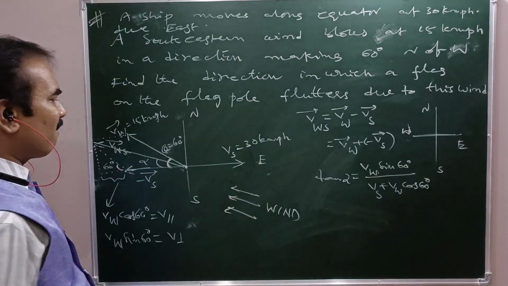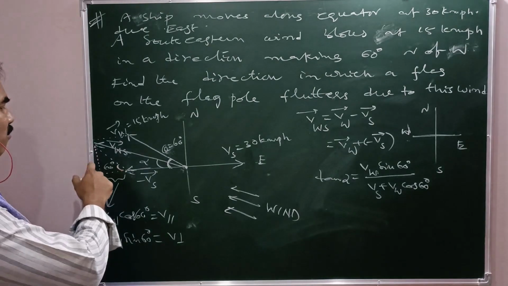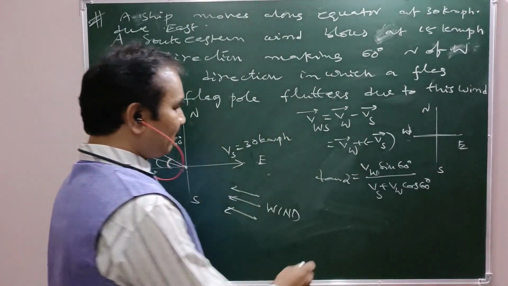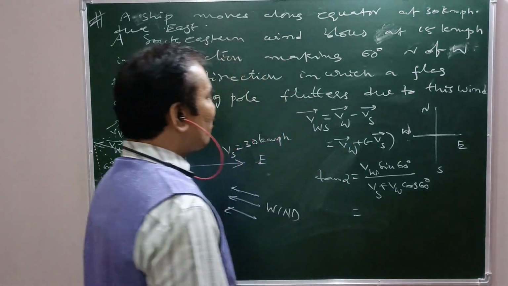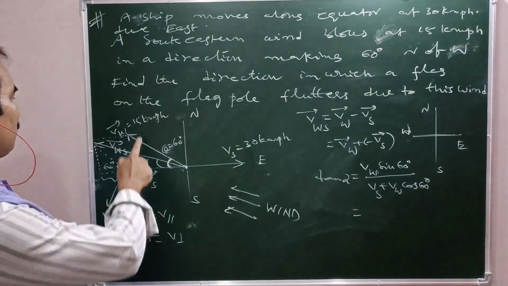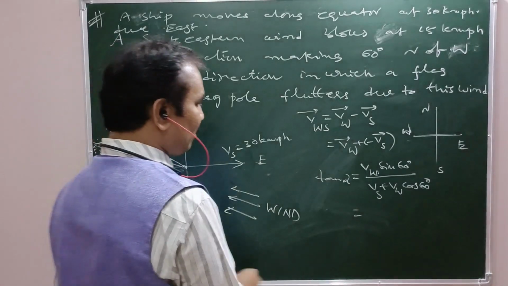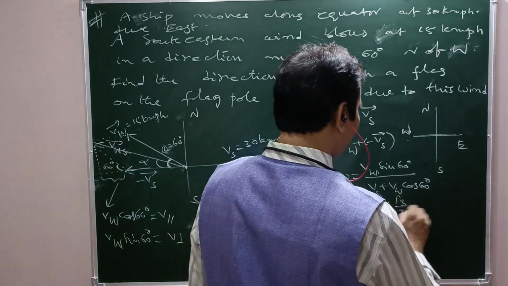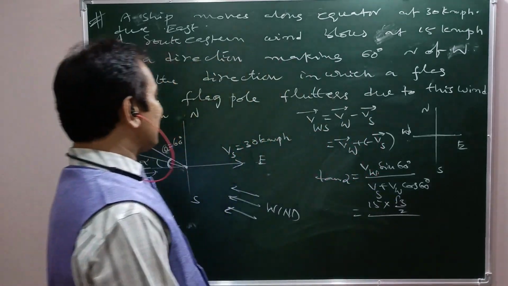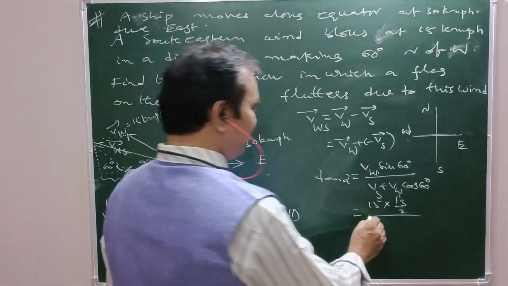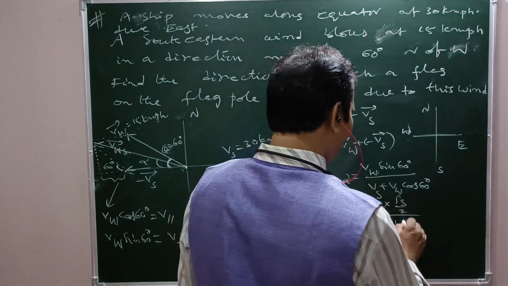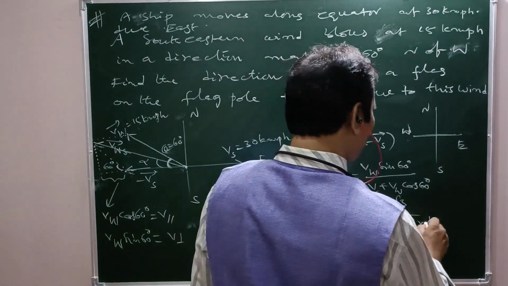Right? So tan alpha equals this one by this one. Now see, tan alpha equals VW by VS. What is VW? 15 into sin 60, root 3 by 2, divided by VS, which is 30 plus 15 into cos 60, which is 1 by 2.